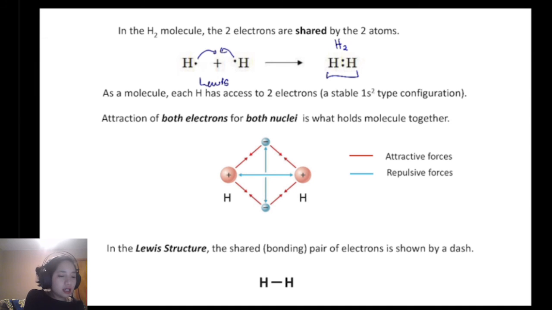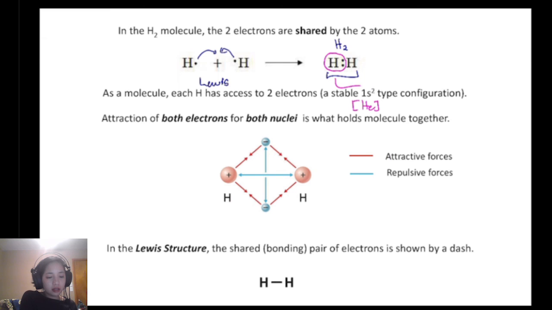And so you can see if I just draw a box, each hydrogen now has a stable 1s2 configuration. So this is the helium noble gas configuration. So if I take that Lewis structure and work backwards to what electron configuration that is.